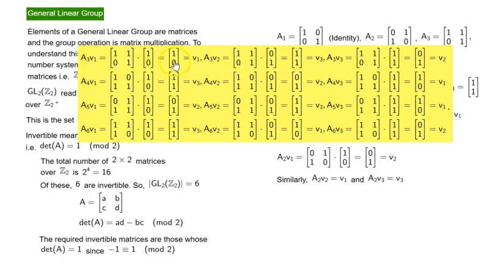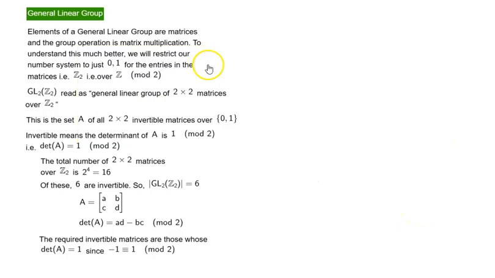A3 V1 gives us V1, A3 V2 gives us V3, A3 V3 gives us V2. A4 V1 gives us V3, A4 V2 gives us V2, A4 V3 gives us V1. So here V1, V2, V3 are the unit vectors which are permuted by the action of the group GL2 over Z2.